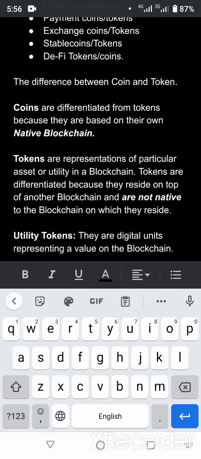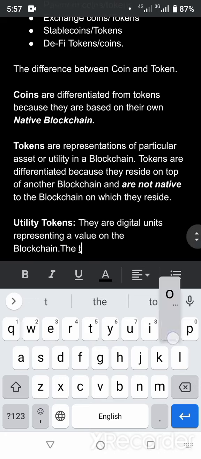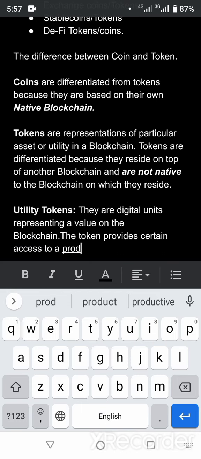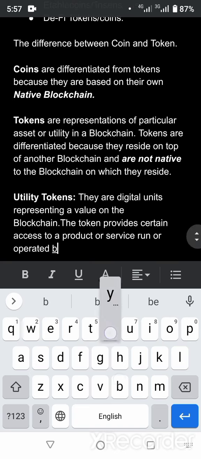We provide representative value on the blockchain. Says the token provides certain access to a product or service run or operated by the token issuer.